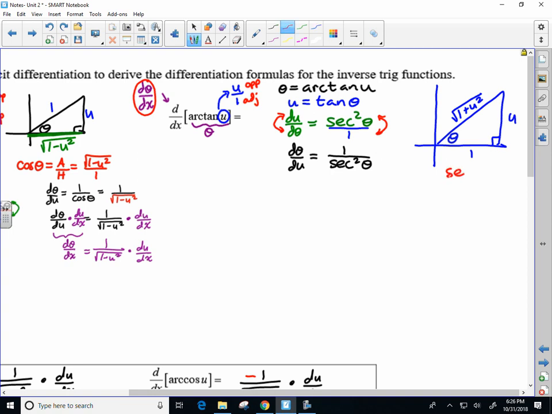Secant of theta is equal to hypotenuse over adjacent. It's the reciprocal of cosine. The hypotenuse is the square root of 1 plus u squared. Oh, it's going off the clip. Dang it. But I need secant squared, so let me square both sides.